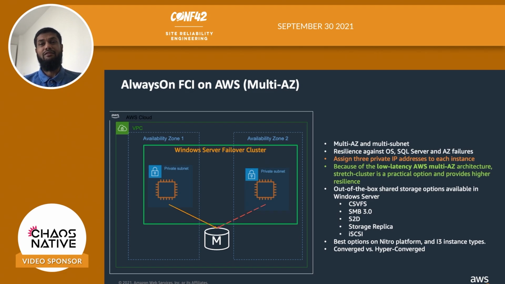I've been bitten myself in the past when I decided to do a stretch cluster, and there could be a lot of network level issues and blips that could cause a false alarm and SQL Server to fail over. So hence, most of the time on-premises stretch clusters are not a practice, but because we have the low latency multi-AZ architecture, implementing a multi-AZ SQL Server FCI as a stretch cluster is a possibility.